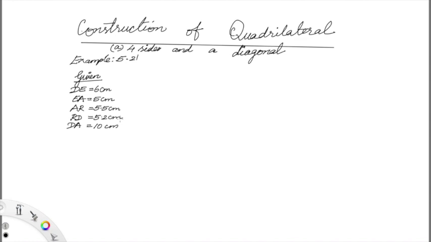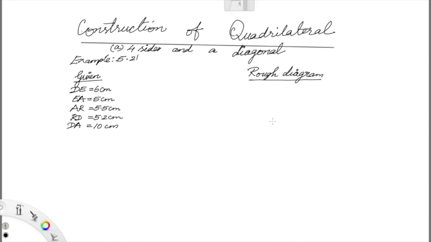Clear, girls? So we have written the given part, and now we have to do the next step, the rough diagram. What is a rough diagram? A sample of a quadrilateral.